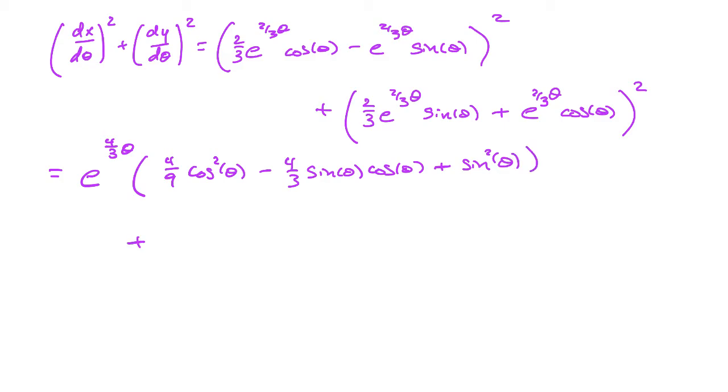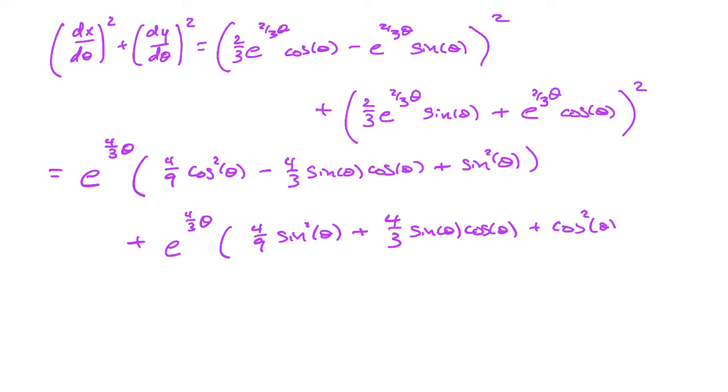Likewise for the second term, we factor out an e to the 2/3 theta, so we have e to the 4/3 theta times, on the inside, a 4/9 sine squared plus a 4/3 sine of theta cosine of theta plus a cosine squared of theta.